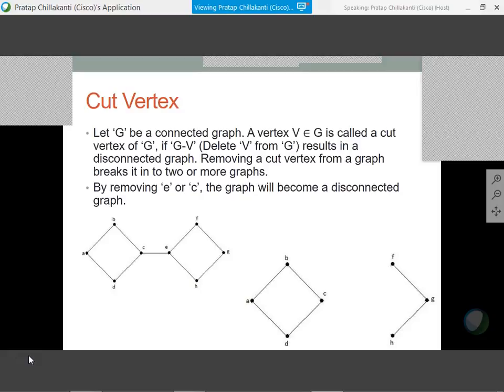That's the reason why you see the edge CE is gone, the edge EF is gone, and the edge EH is gone. Another key concept.